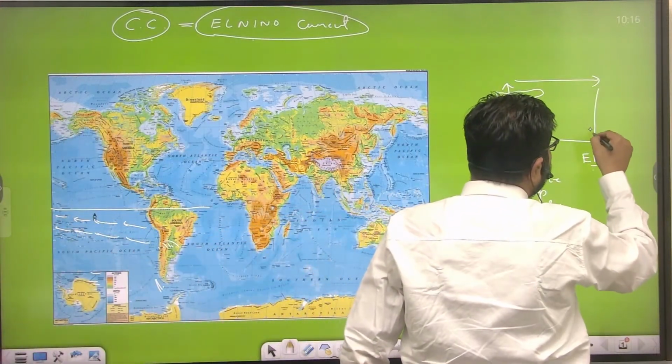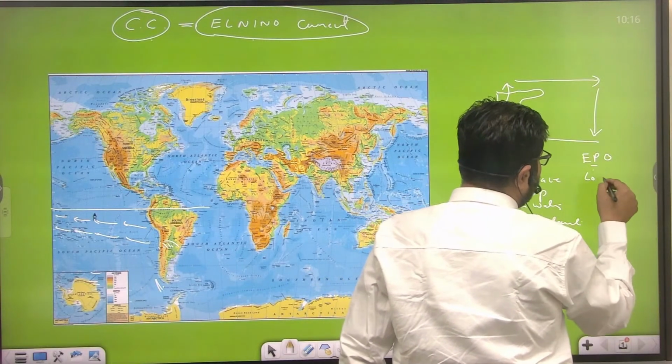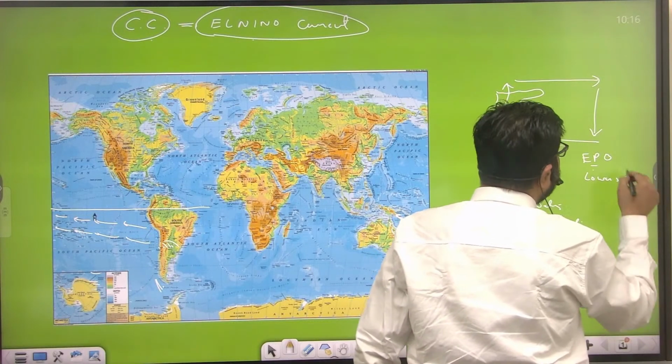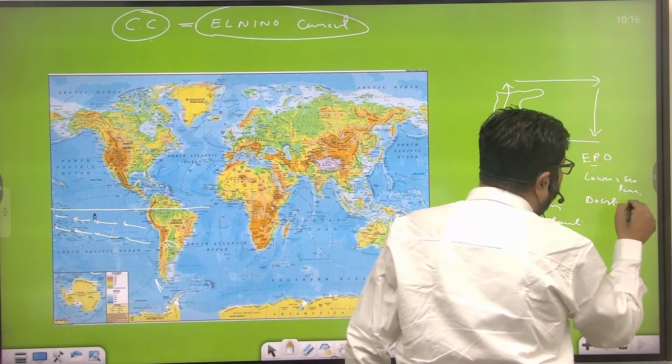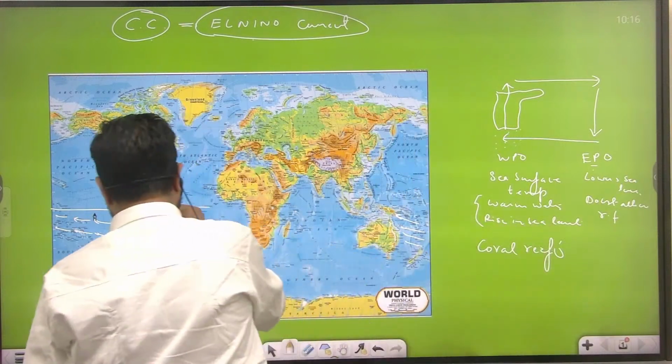This sinking lowers sea level. This sinking doesn't allow rainfall. So we have Atacama Desert.